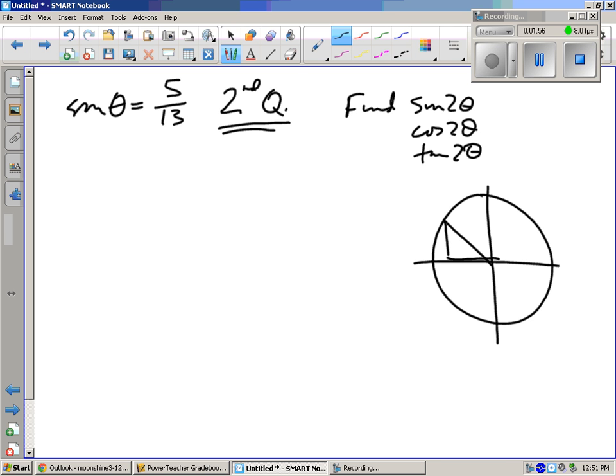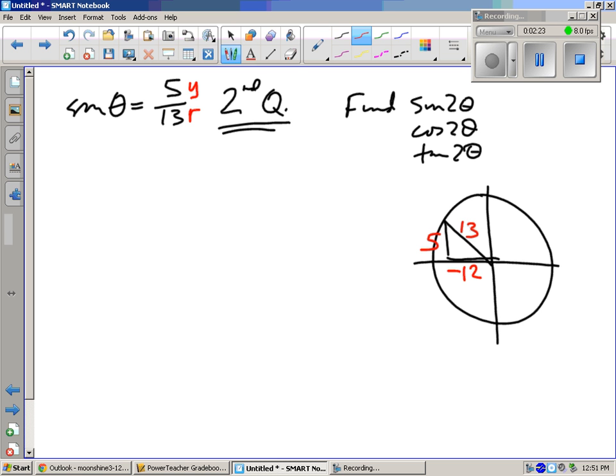Don't ask questions, just do it right off the bat. All right, from there, I want to put in y and r. So y is 5, r is 13. That makes x 12, but we're going to the left, so it's negative. So the quadrant is significant because it makes the cosine negative instead of positive in this one.